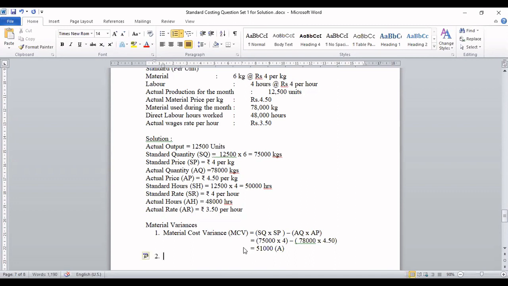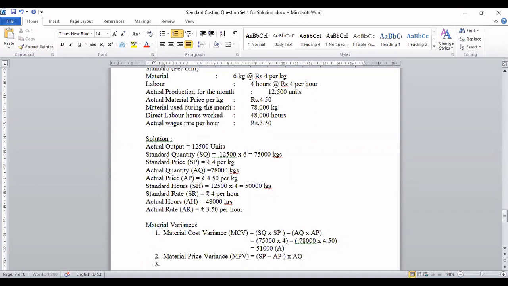Now the second variance, material price variance, which we call MPV. Tell me the formula for this. Standard price minus actual price multiplied by actual quantity.